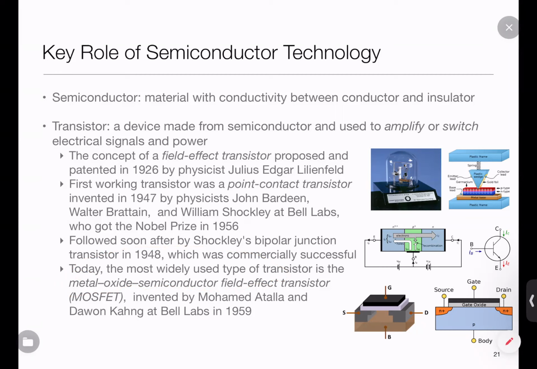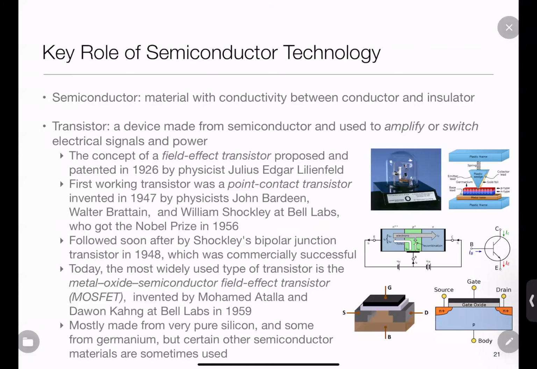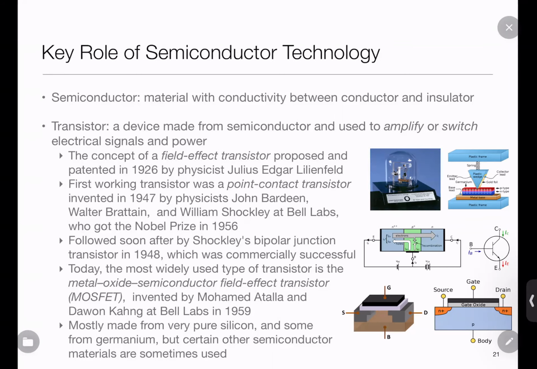This is the type of transistor which you probably learn about in your devices courses, those of you in EE. Most of the transistors we work with are made using silicon. Some are made using other materials, but mostly silicon.